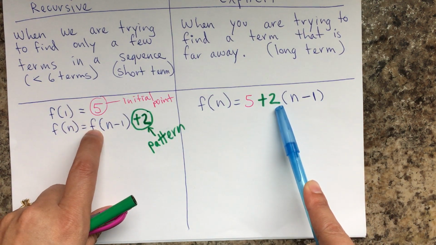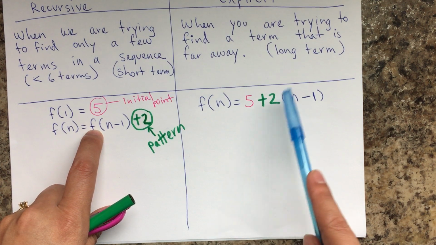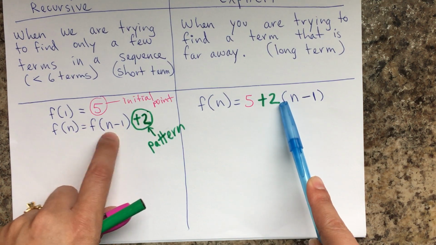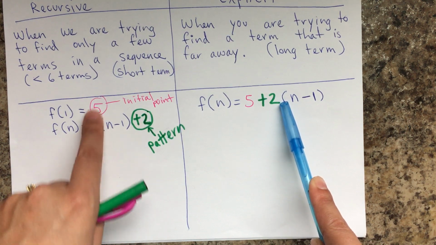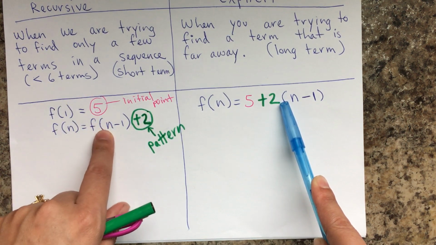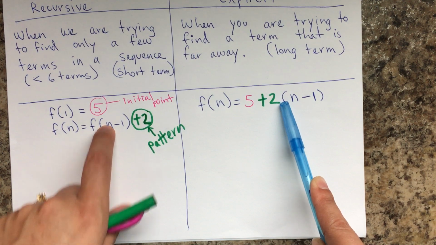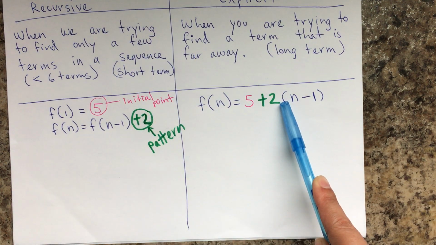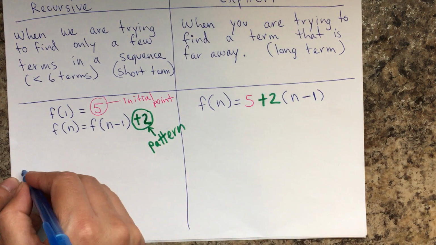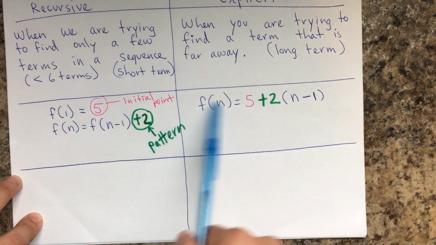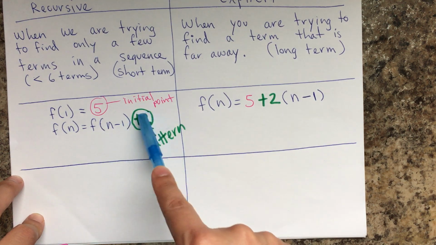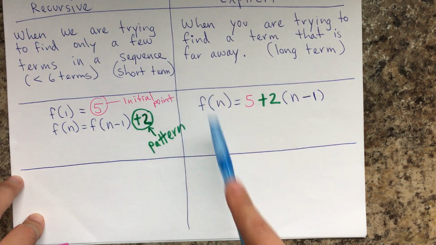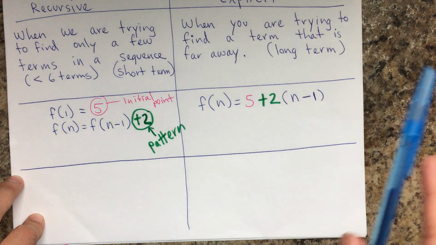This one has f of n minus 1. This one doesn't have f. Okay, this means look at the previous one. Look at the previous one, and that's why we're dependent on the previous term to be able to find each term in the sequence. Now this is called arithmetic, and the reason is because we're adding. Remember that when we're adding or subtracting, they're called arithmetic sequences.